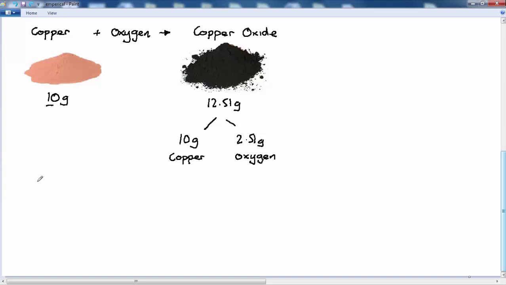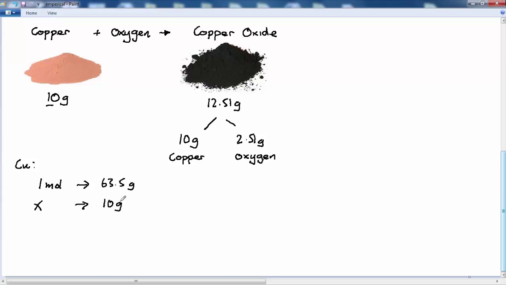So we can say that, as usual, 1 mole of copper atoms weighs 63.5 grams. But here we're doing copper first of all. Okay. Then we ask ourselves the question, how many moles weighs 10 grams?